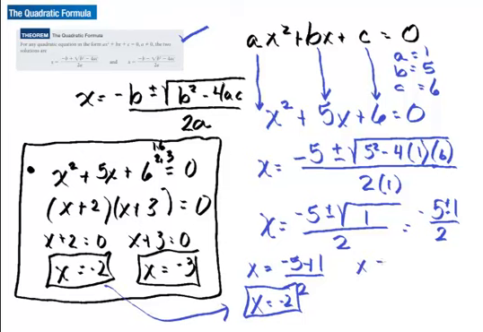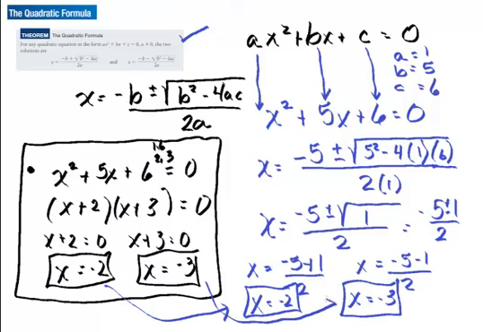Or x equals minus 5 minus 1 over 2, which means that x equals minus 6 over 2, minus 3, which I already knew. So it doesn't matter which way you solve them, you still get the same answers.